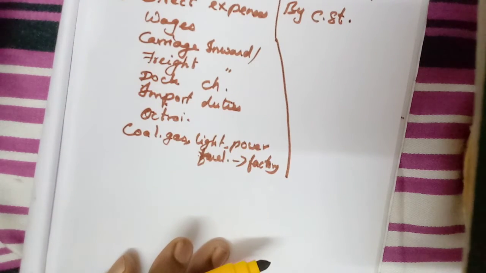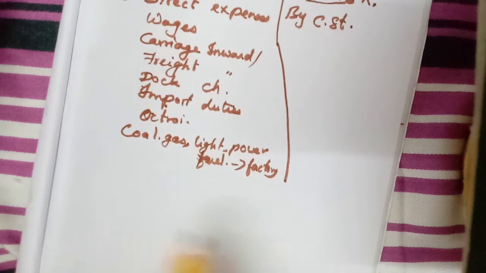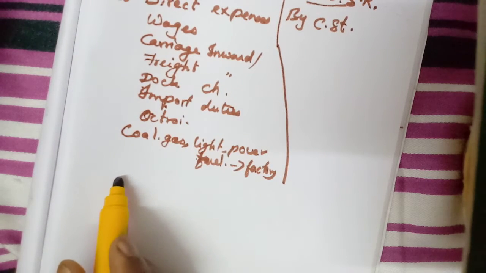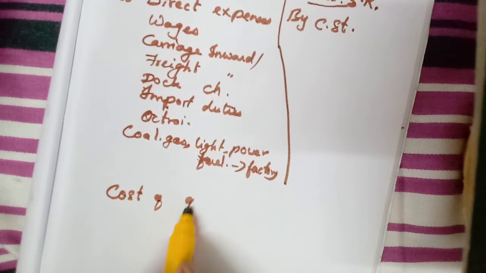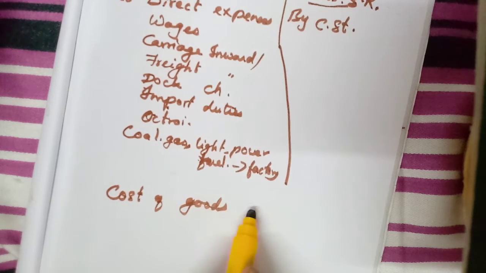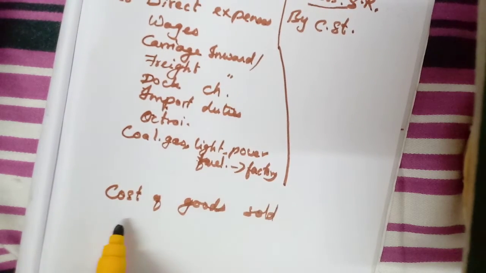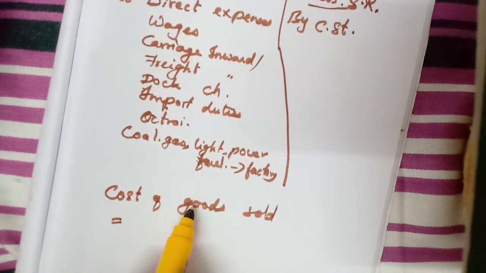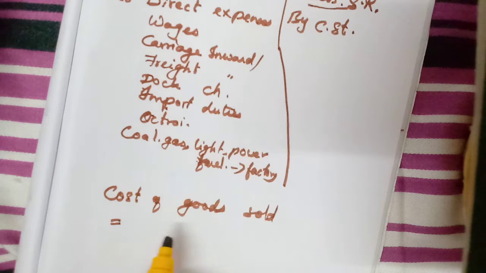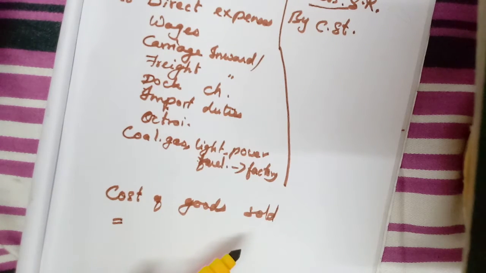We can also find it out in a statement way. Here we have to calculate the cost of goods sold. What is the cost of goods sold? If we deduct this cost of goods sold from the net sales, we can find out the profit. So first we need to find out the cost of goods sold.